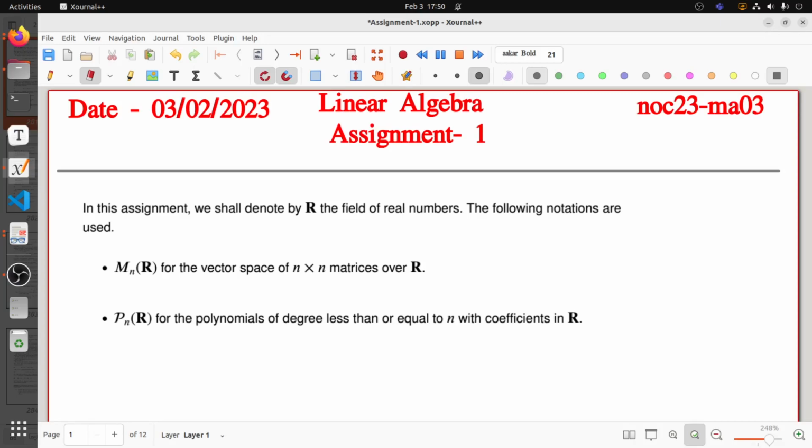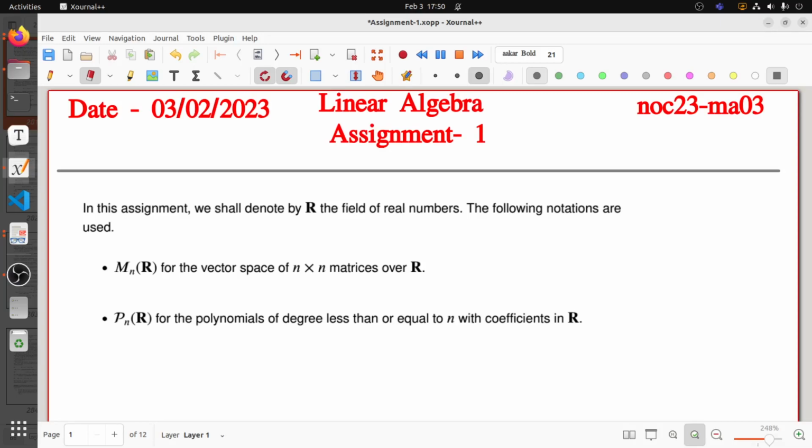This should be 0, right? Now these are all additions in the real numbers, so how can you write it? You can write a0 plus a1 plus a2 plus a3, plus b0 plus b1 plus b2 plus b3, right?